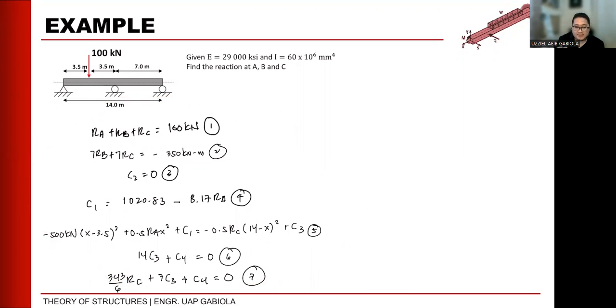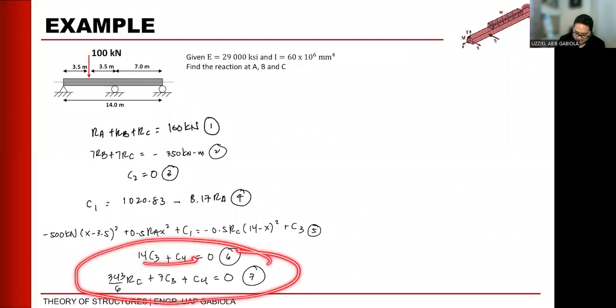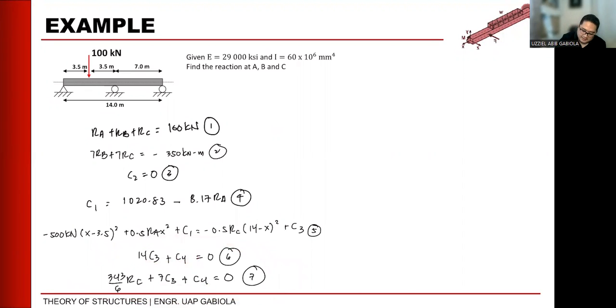Pero hindi natin gagamitin si matrix. Ang gamitin natin is substitution tayo. Okay? So, ang pwede natin kunin as our formula is yung una muna, yung 6 at 7 natin. Since may C3 and C4 tayo, okay? So, pwedeng yung gamitin natin is yung 6 and 7 natin.